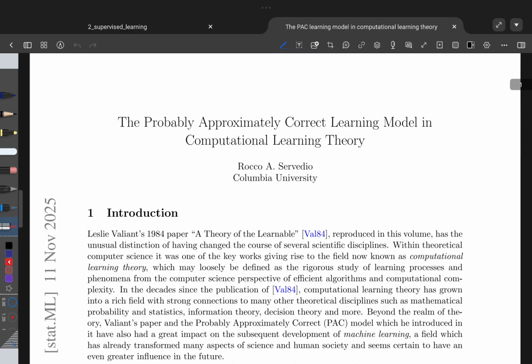But in the original works, which go back to Valiant, who defined the PAC learning framework, he also focused on the computational aspects. What is the computational complexity of learning the algorithm? So it's not just the sample complexity, but also the computational complexity of learning or training, so to speak, for achieving a target epsilon-delta error.